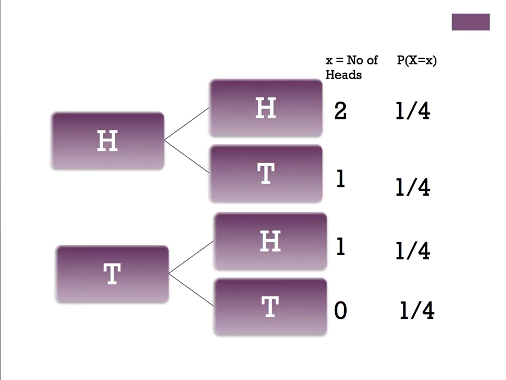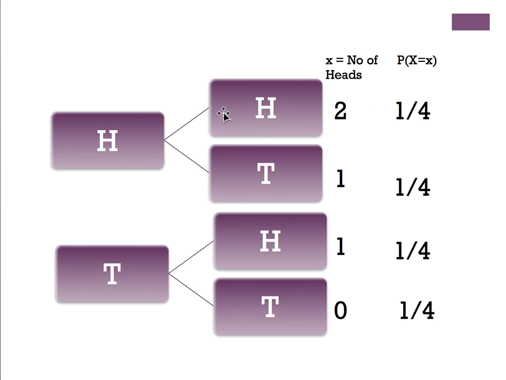Let's try to remember what we discussed in part 1. So let's take a look at this example. The random experiment is tossing two coins. And as you can see, the random variable that we are focusing on is the number of heads. By the way, your random variable can also be number of tails.